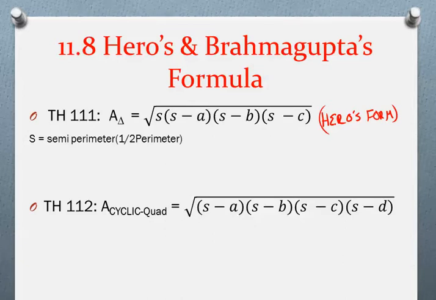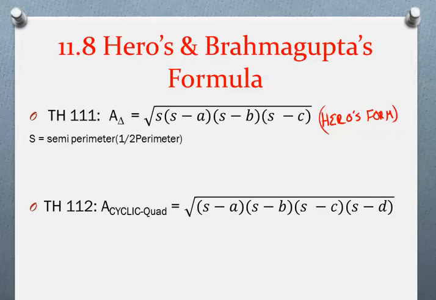And you can take the three sides of the triangle, and you do not necessarily need to know the height, and you can calculate the area by doing the square root of s times the quantity s minus a times the quantity s minus b times the quantity s minus c, where a, b, and c are the lengths of the sides of the triangle. S stands for the semi-perimeter, meaning you take the perimeter and divide it by 2.